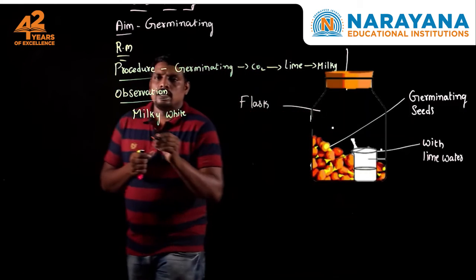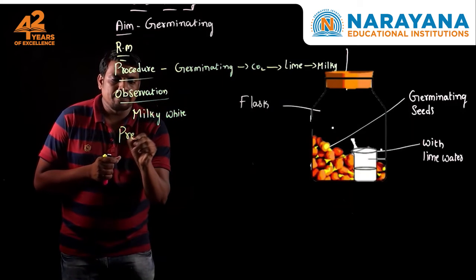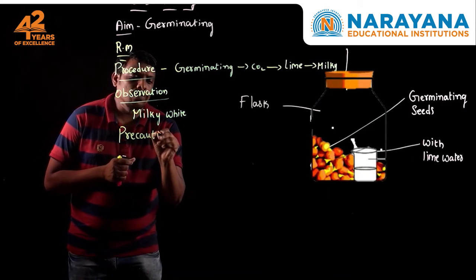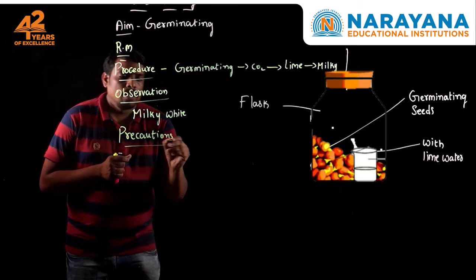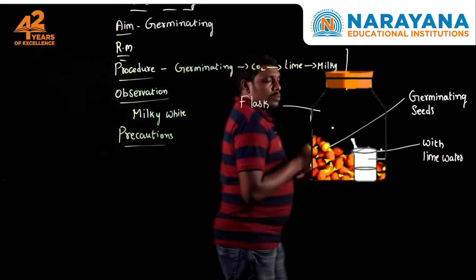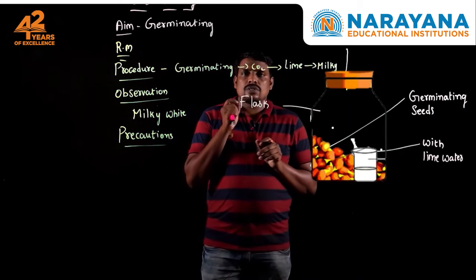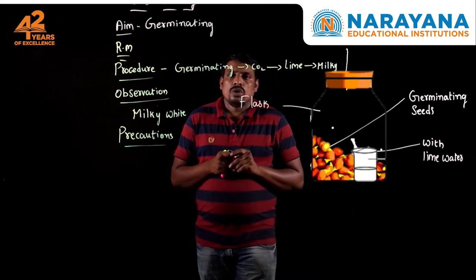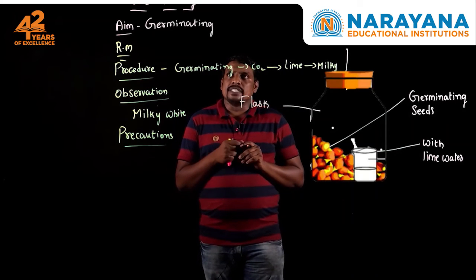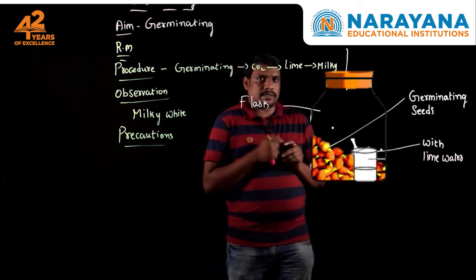And finally, the precautions we have to take. What precautions will you take in this experiment? If there is a one mark question like this, what precautions will you follow while doing the experiment with germinating seeds?